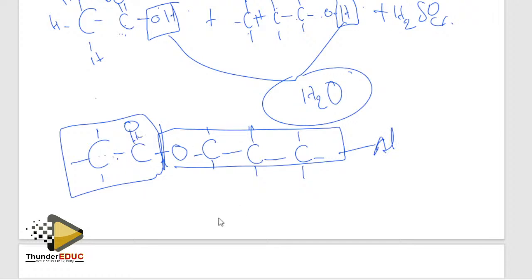So how do we name it? We have to say that 1, 2. So it is the propanoate. So no, it's ethanoate. 2 is eth. You go up to this point.